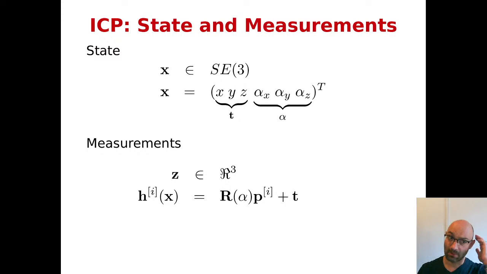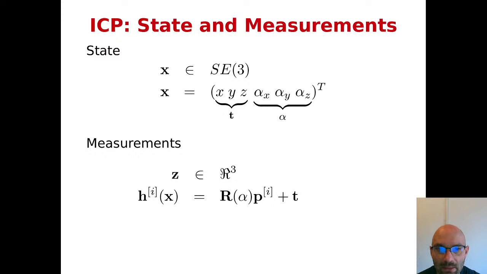Now, let's qualify this problem, and let's use the standard methodology that we have introduced for least squares. First of all, we have to qualify the domain, which is the state of my problem. And in this least squares setting, the state is an object of SE3. So it's a rotation and a translation in the space.